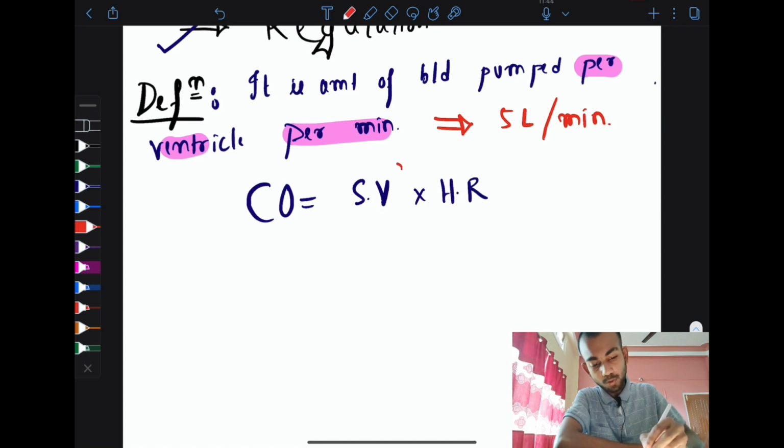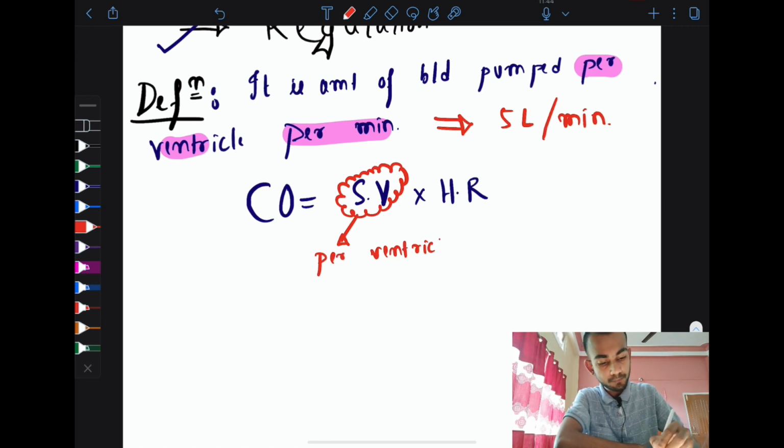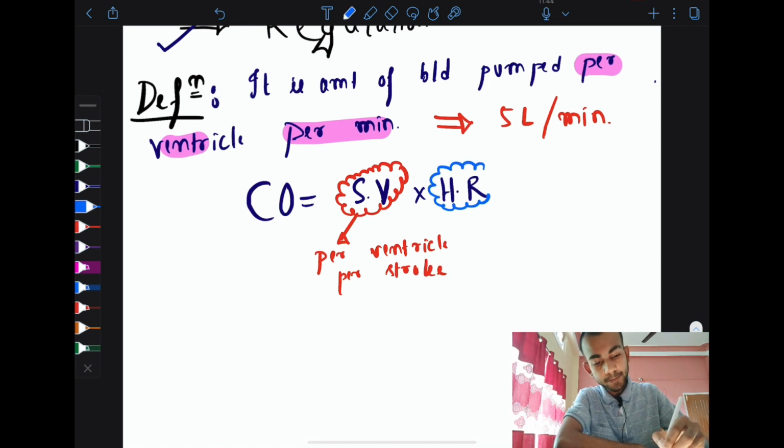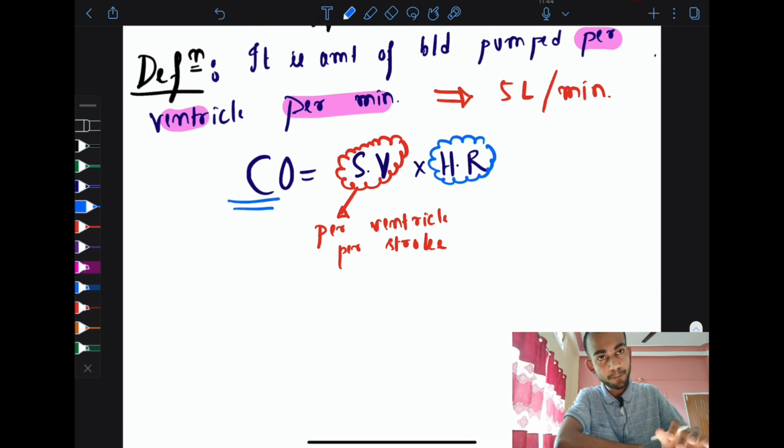Right, now what is the stroke volume, guys? We know that the stroke volume is the amount of blood pumped per ventricle per stroke, and this stroke volume when multiplied with the heart rate gives us nothing but the cardiac output, right?